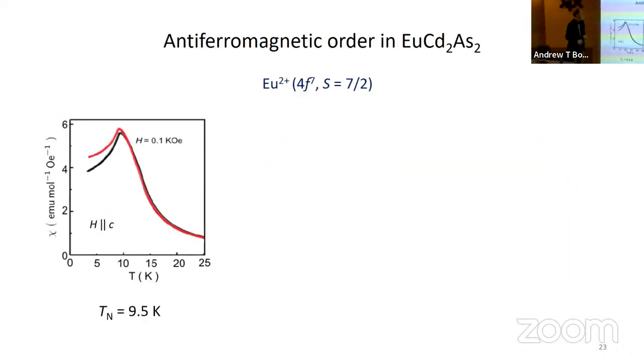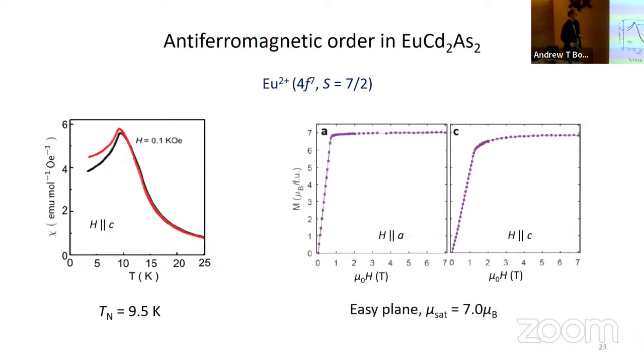It was known for some time from bulk measurements, so magnetization versus temperature measurements, that there was an antiferromagnetic phase transition just below 10 Kelvin. And it was also known from magnetization versus field that it's possible to saturate, in other words, to fully polarize all the europium spins, in relatively low fields of between 1 and 2 Tesla, depending upon which direction you apply the magnetic field.